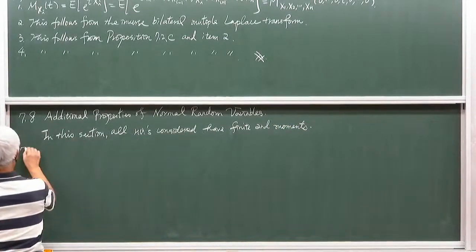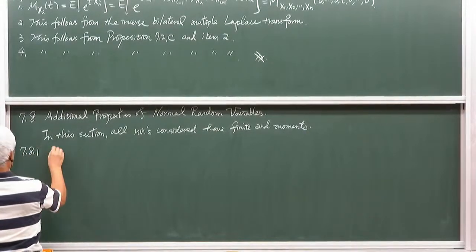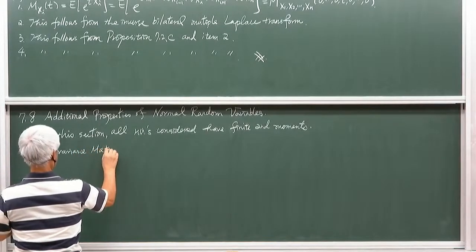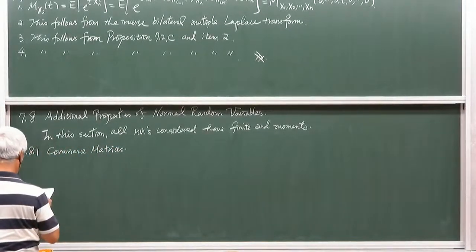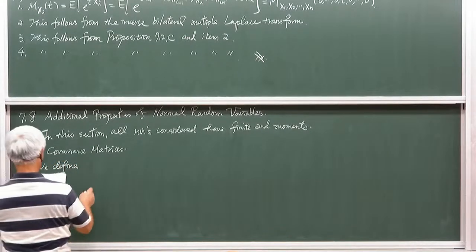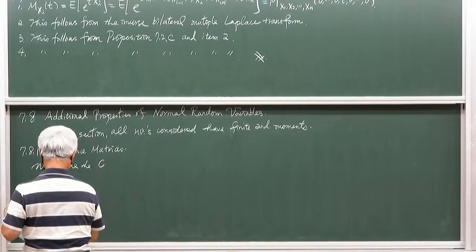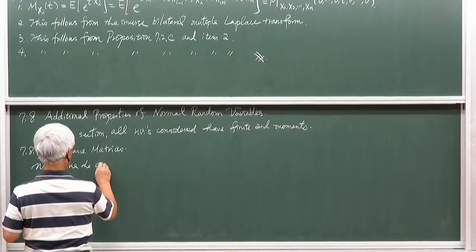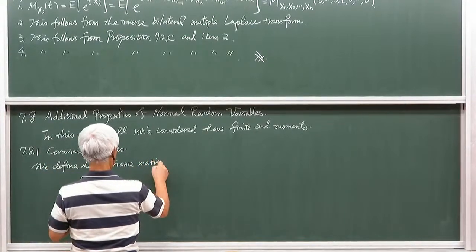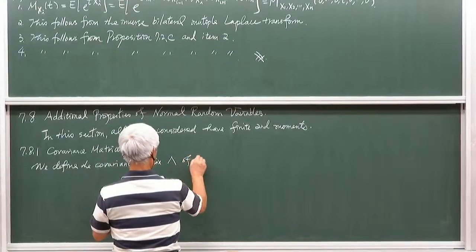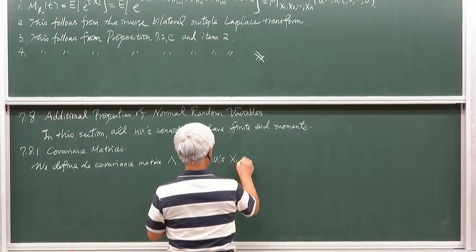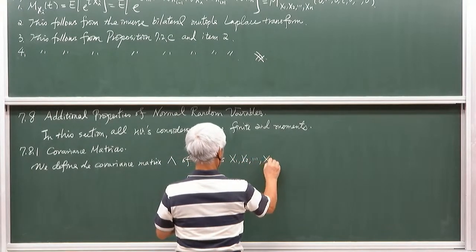Now the first subsection is about covariance matrices. First of all, we define the covariance matrix Lambda of n random variables x1, x2 up to xn as here.